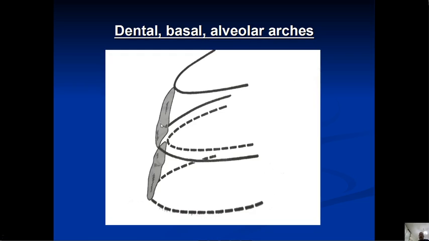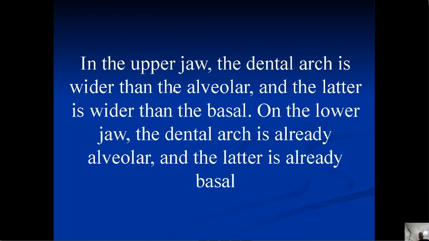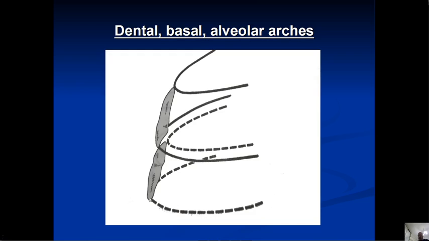This is a dental arc. This is an alveolar arc through the interdental alveolar bone, and this is a basal arc. The biggest, the middle, the smallest. And in the lower jaw, the dental arc is narrower than the alveolar, and the latter is narrower than the basal. Okay, 1, 2, 3: the smallest, the middle, the biggest.